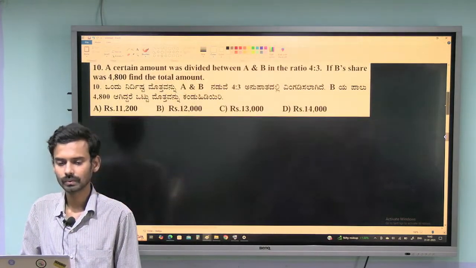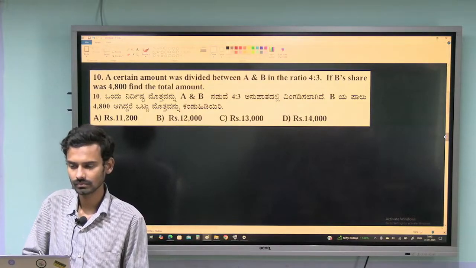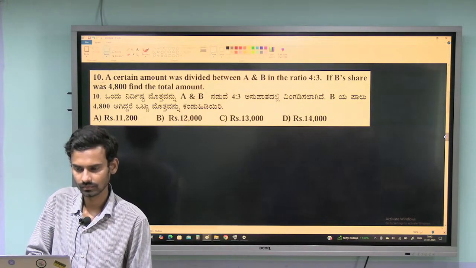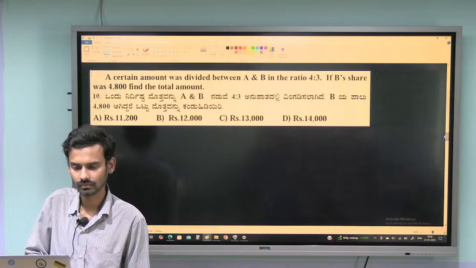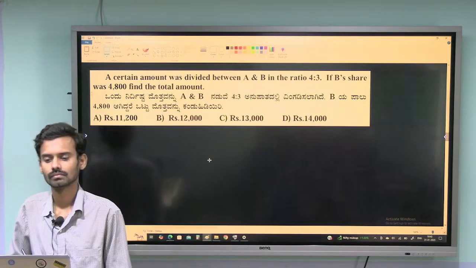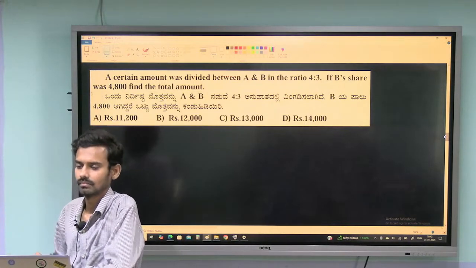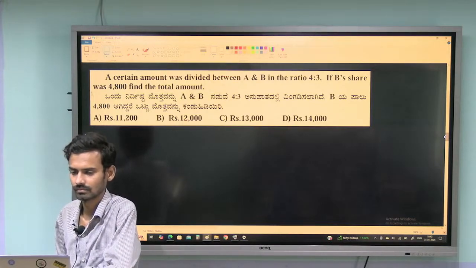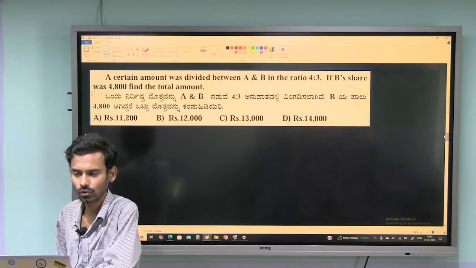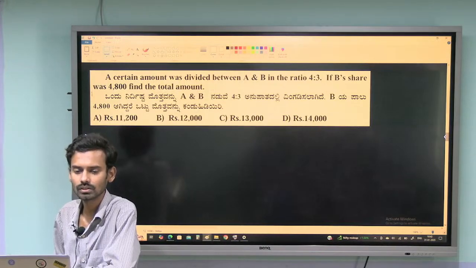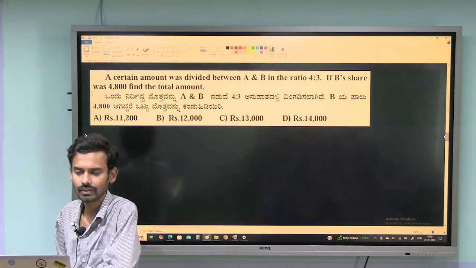So check this question now. A certain amount was divided between A and B in the ratio 4:3. If B's share was 4,800, find the total amount.